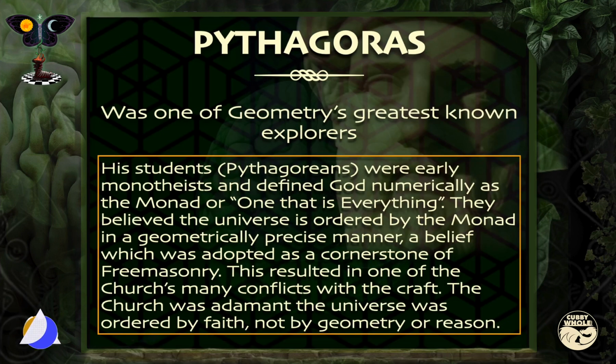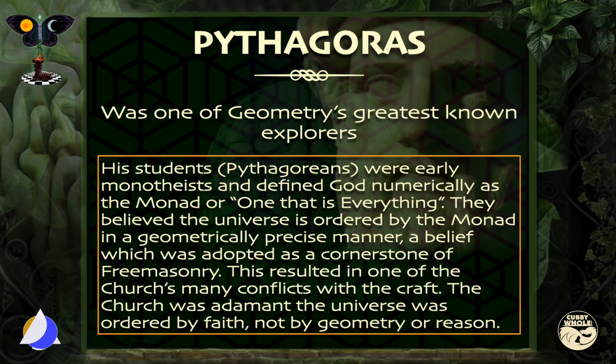Now, one of geometry's greatest known explorers was Pythagoras. And Pythagoras definitely should be mentioned when talking about geometry or sacred geometry. He's definitely somebody we need to pay attention to when trying to understand the times of Greece with geometry.